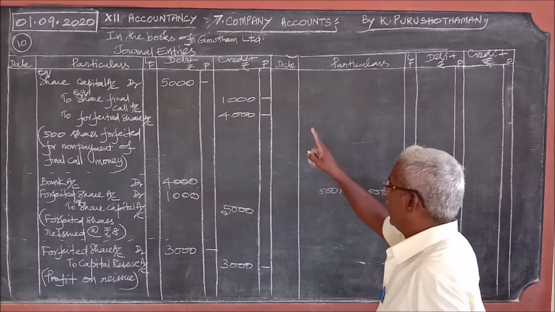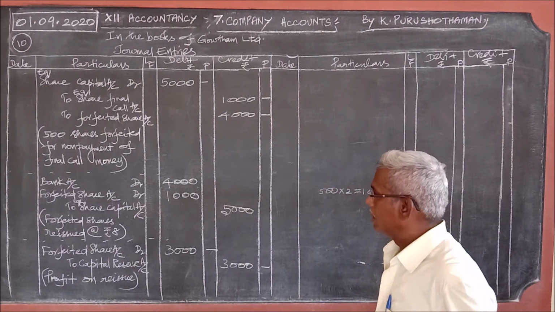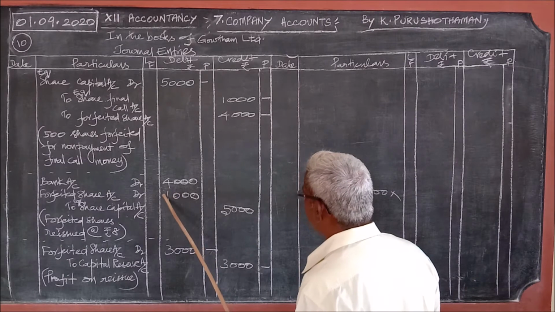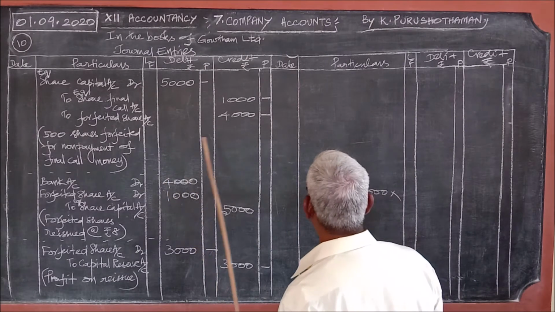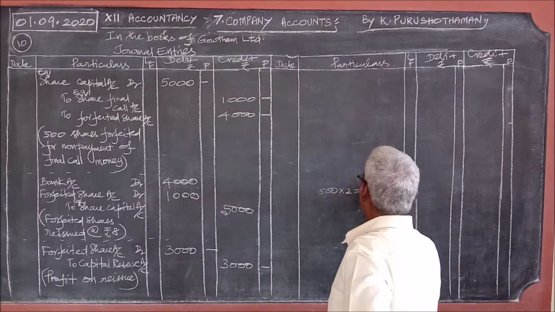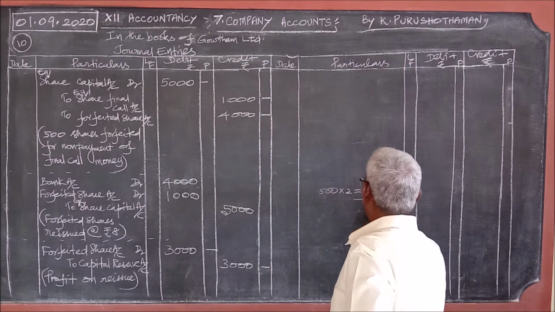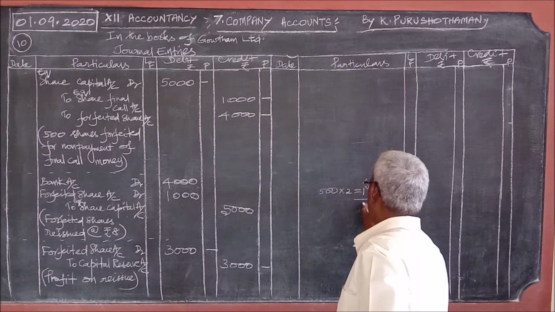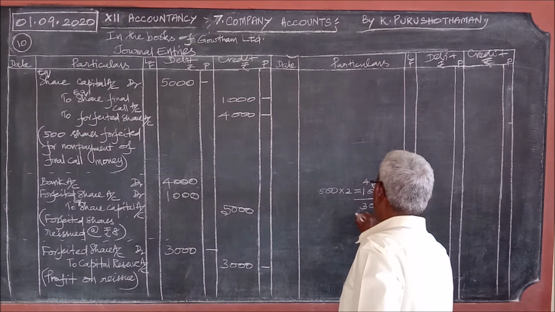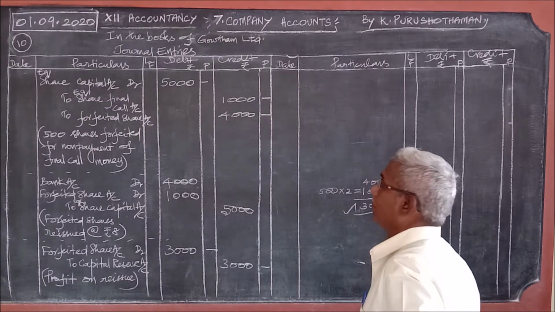But by reissuing the same 500 shares, how much money did the company get? 4,000 rupees the company got. Therefore, how much is the excess amount they got? 3,000 rupees. This is the actual meaning of it.